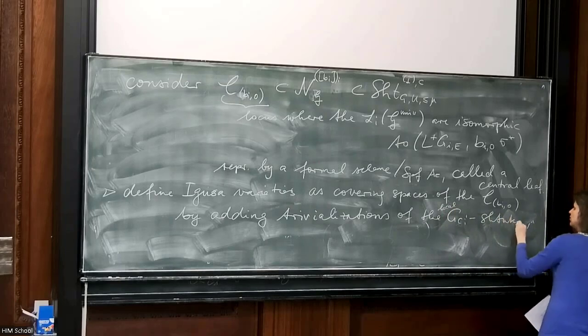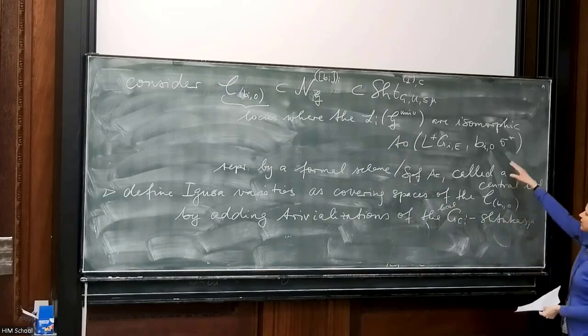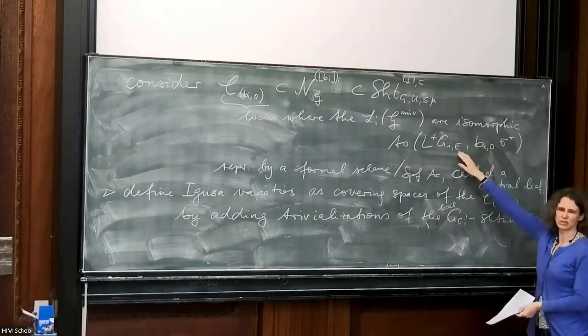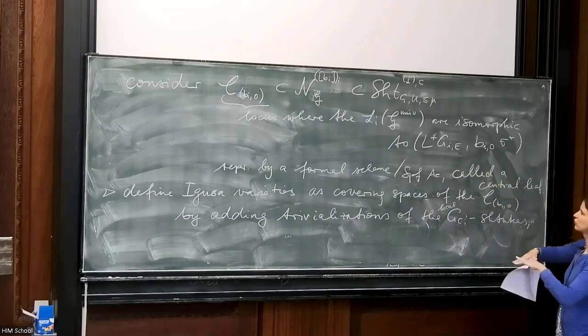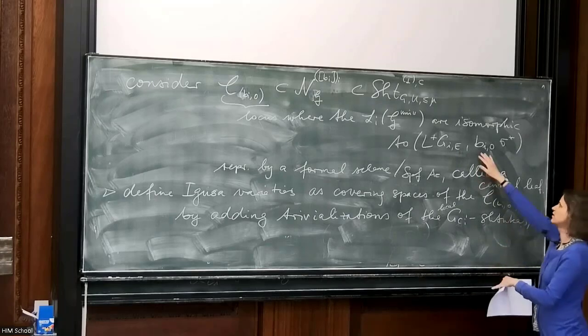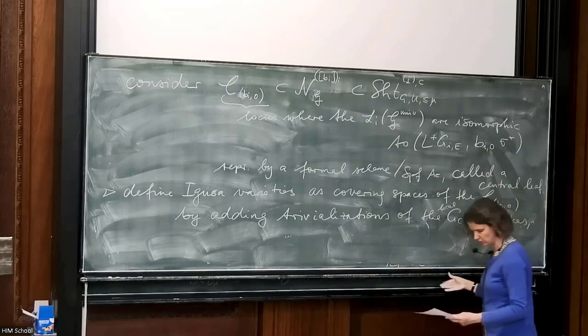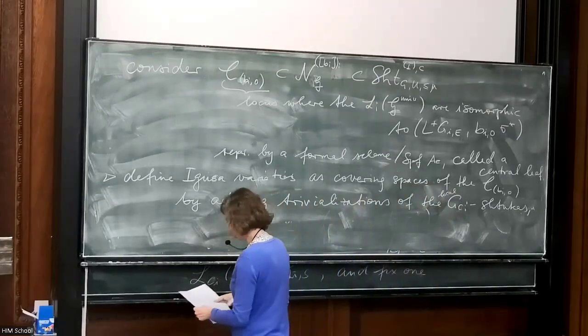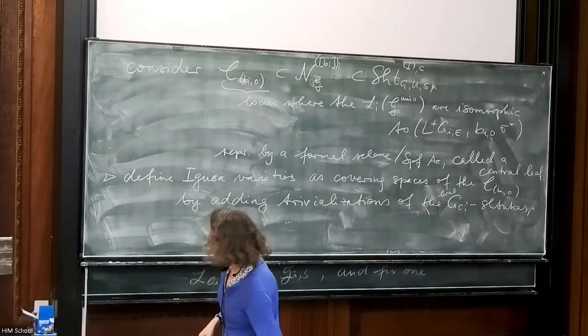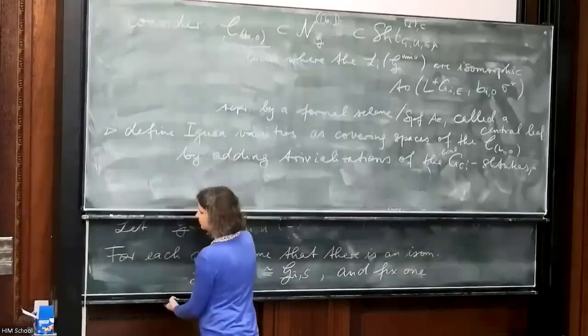So the idea is we know over the central leaf that there is an isomorphism to this fixed one, and now you consider pairs of local G-Shtuka plus an isomorphism to this one, and in this way you define Igusa varieties, and then maybe at least I write down the final theorem.